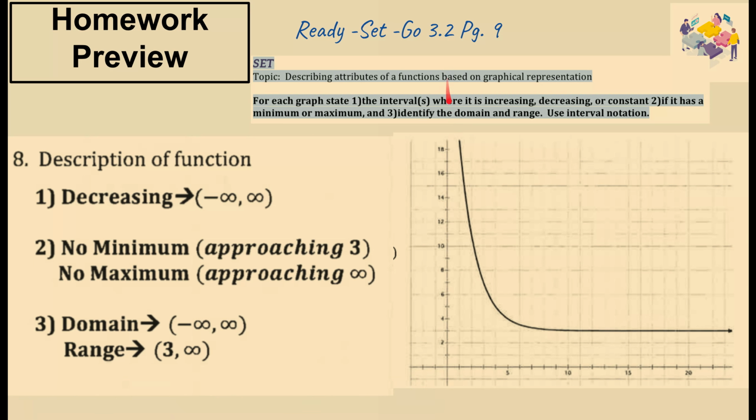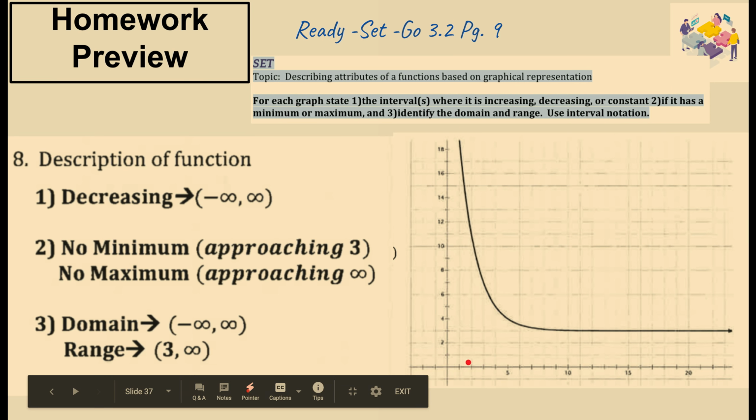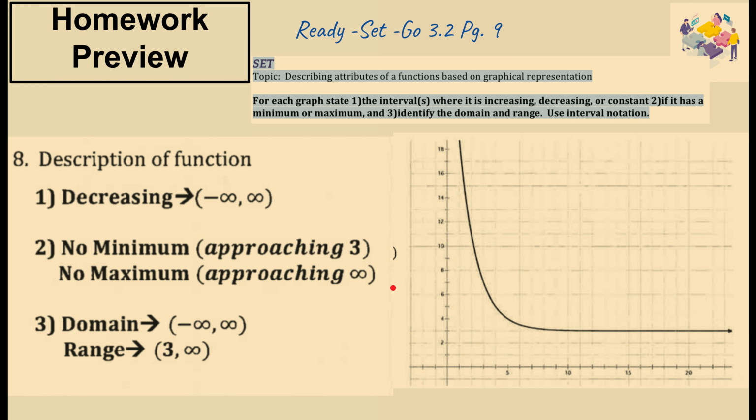So because it came from somewhere up there, that's why we can say that it goes all the way up to infinity. And then the domain comes from negative infinity, so the x values, because it'll keep going off to the left, all the way to infinity to the right, because this will keep going to the right. Okay, so that's how you can describe a graph, and that's what you're trying to do in your homework here.